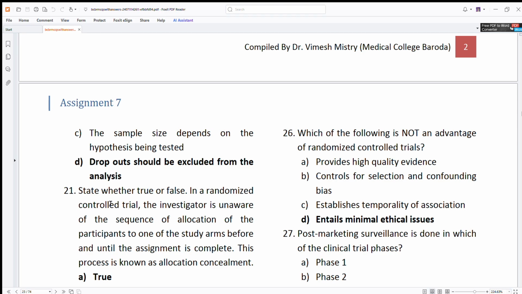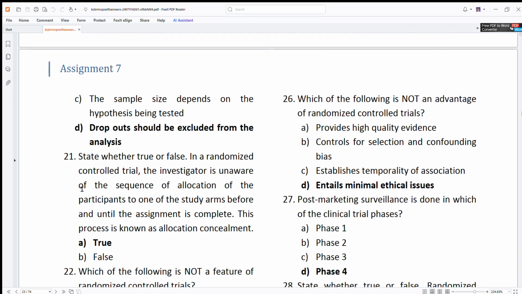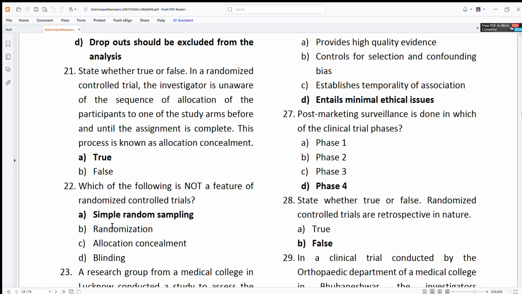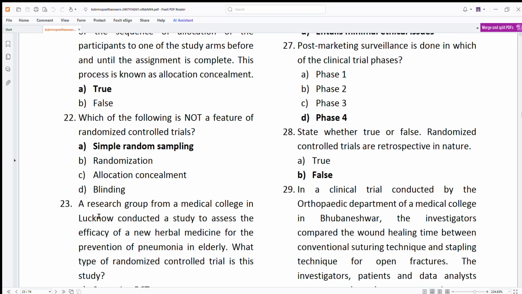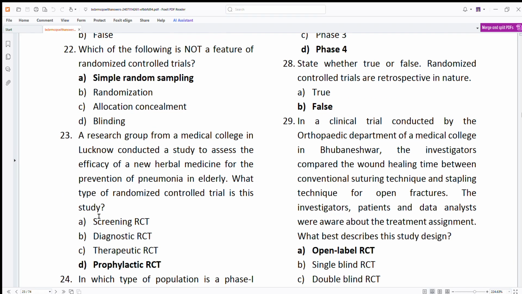When we say ITT, intention to treat, we include the dropouts as well. Allocation concealment is not a feature of randomized control? Simple random sampling, no. Randomization is done, not simple random sampling. Allocation concealment, blinding, everything is done.